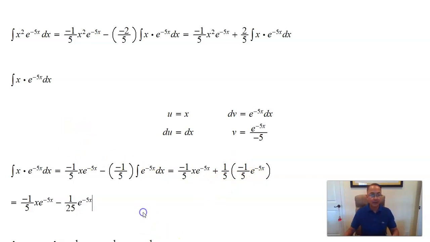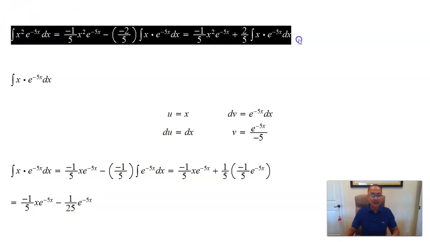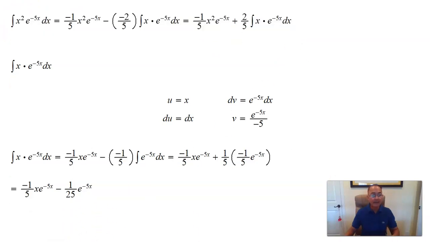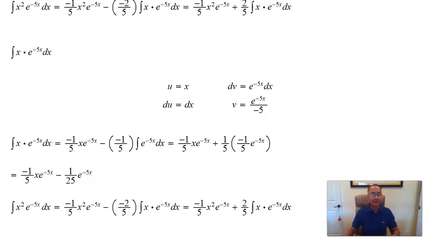Great. So we are now ready to plug that second integral back in here. So let's copy this, because if I scroll down, I will probably lose that line. Okay, so we want this copy here, and we want to replace this with this. All right.